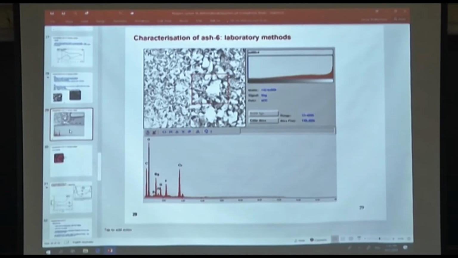But if the compound is not crystalline, it will not give you a sharp peak. It will just give you a big blob like that. And if it is not a sharp peak, the software will not tell you what the compound is.